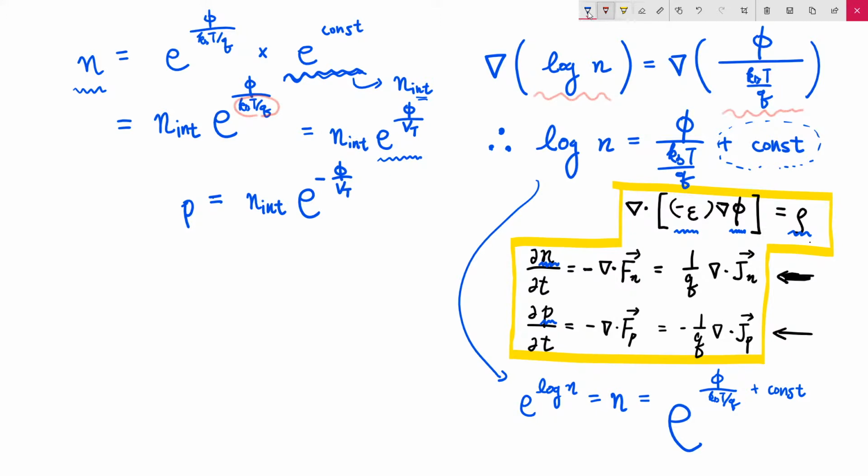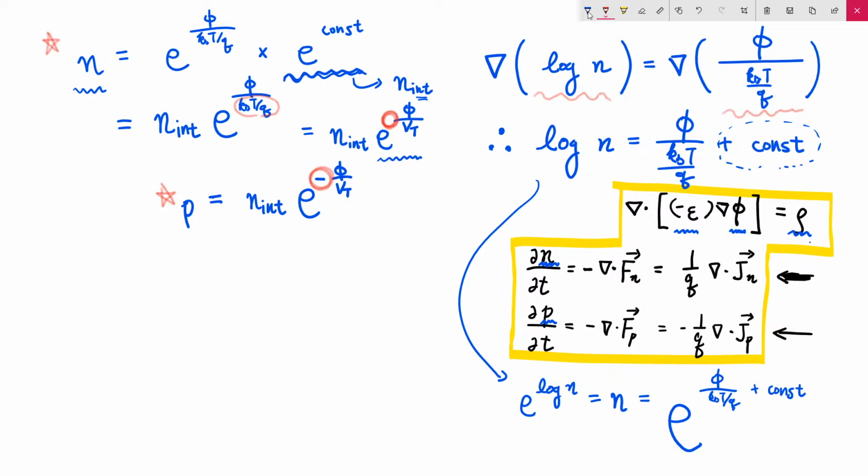Okay, they have the opposite sign here. This is positive and this is negative. So please note that this relation and this relation are a specialized form of the electron continuity and hole continuity.